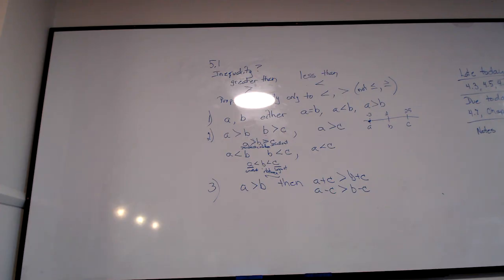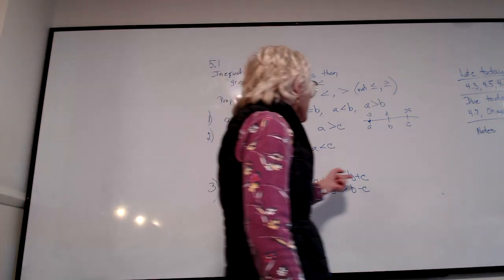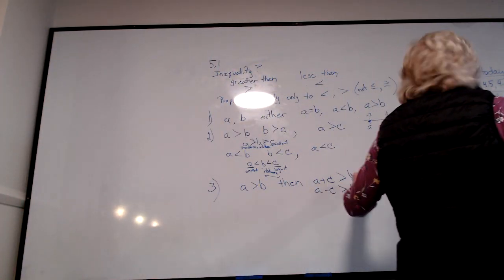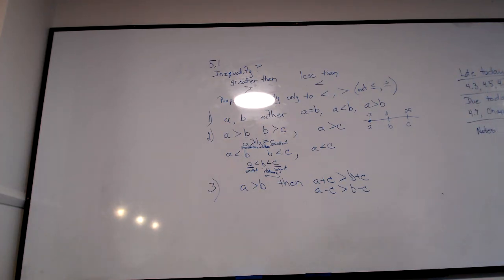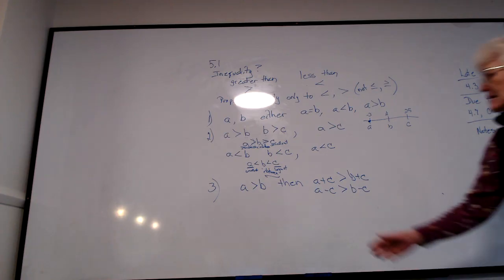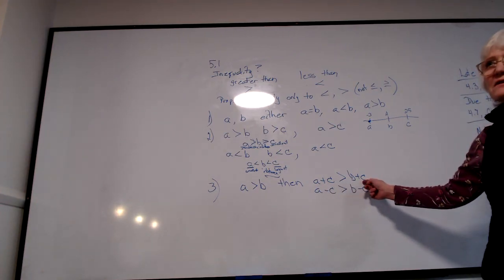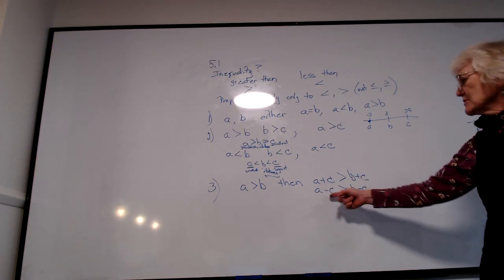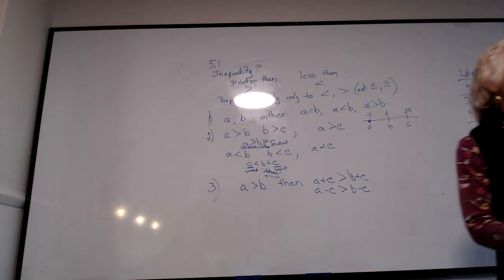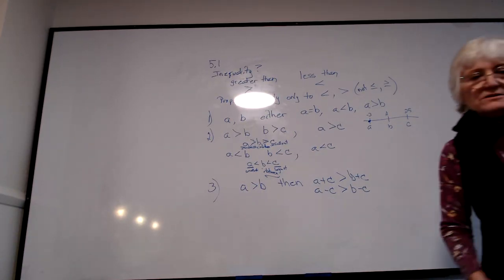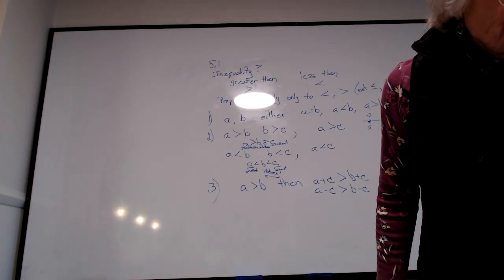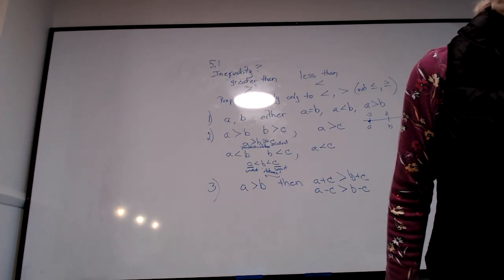If I take the same number away from A and B, A is still bigger than B, because I'm either adding or subtracting the same number.